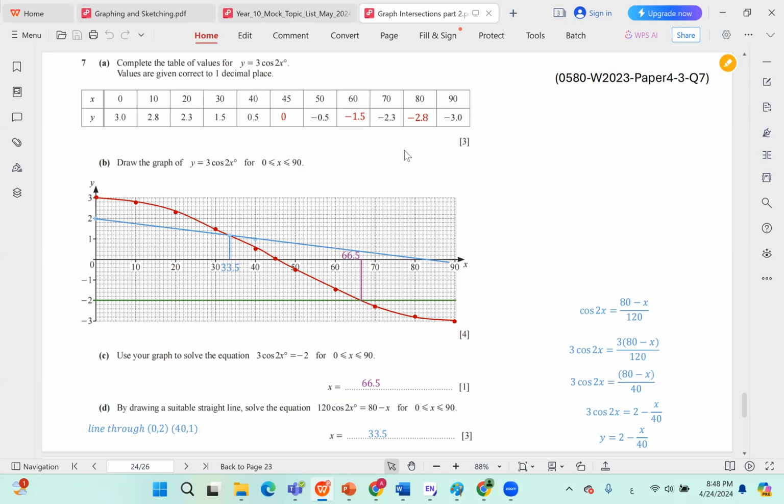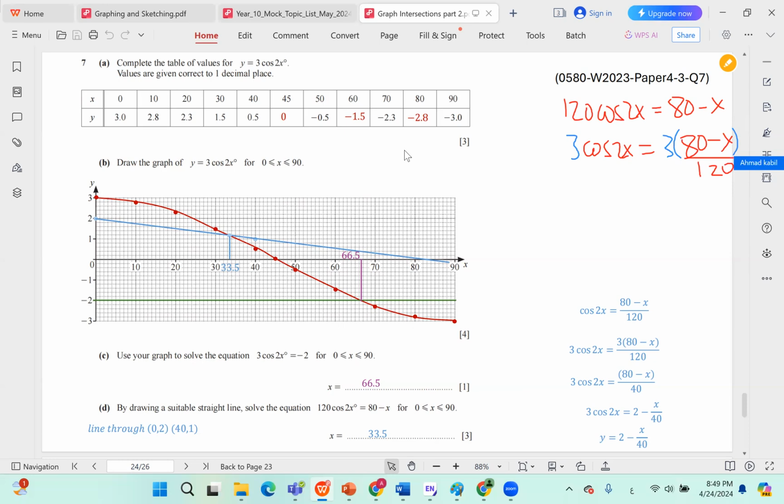Let me resolve it so that you can follow better. We start with the equation 120 cosine 2x equals 80 minus x. Now we want to turn this into something similar to 3 cosine 2x. First, I'm going to divide by 120. Then I'm going to multiply by 3 on both sides.